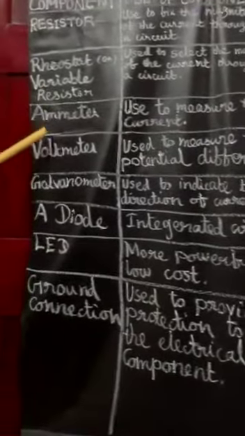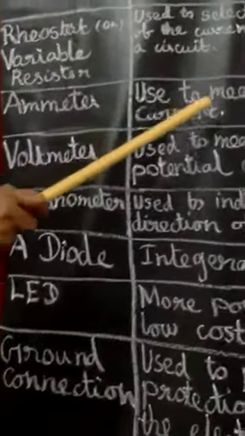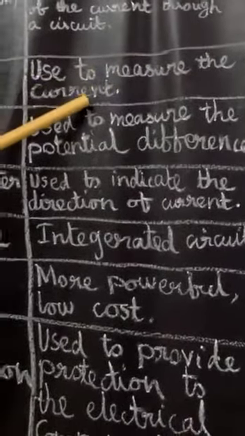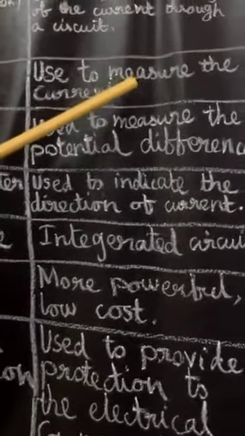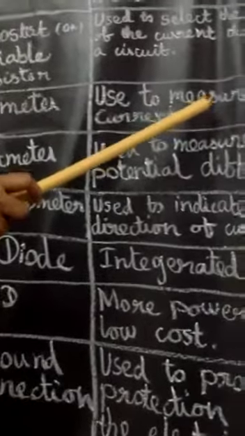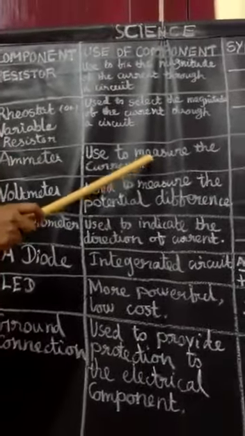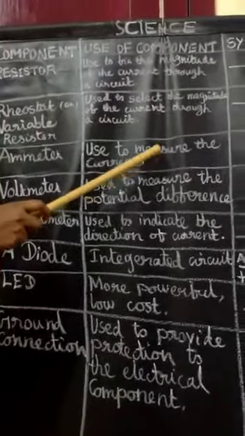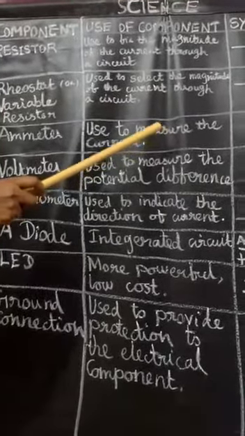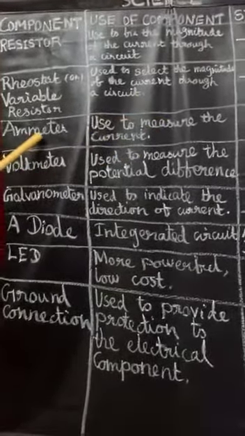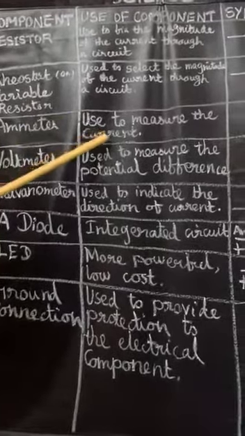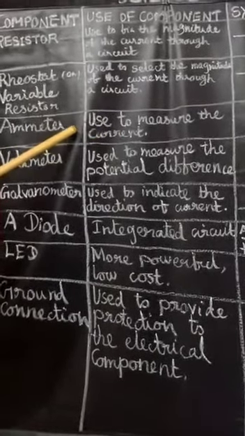Third one, ammeter. The ammeter is used to measure the value of current. Suppose you make an electrical circuit, and you need to know how much current passes through it. That is when you use an ammeter. What is the unit of current? Ampere is the unit of current.